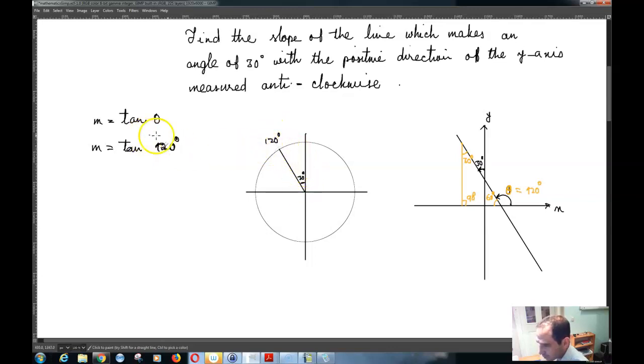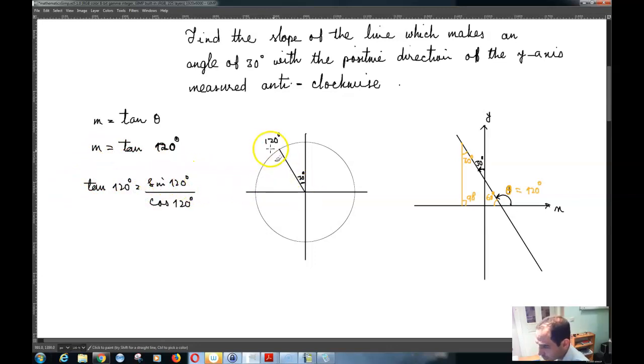Now, tan of 120 degrees is equal to sine of 120 degrees divided by cos of 120 degrees. That you already know. So if I can figure out what sine of 120 degrees is, and cos of that angle as well, then I can figure out tan of 120 degrees.